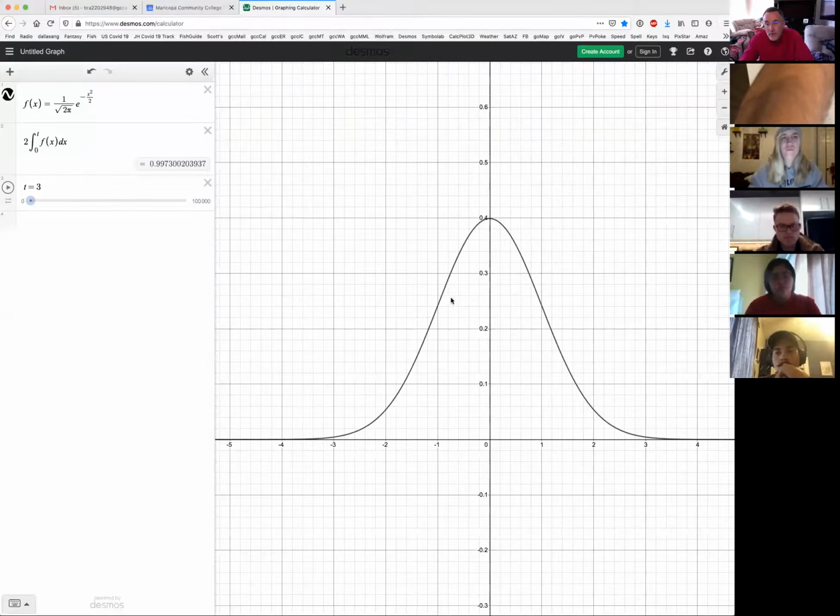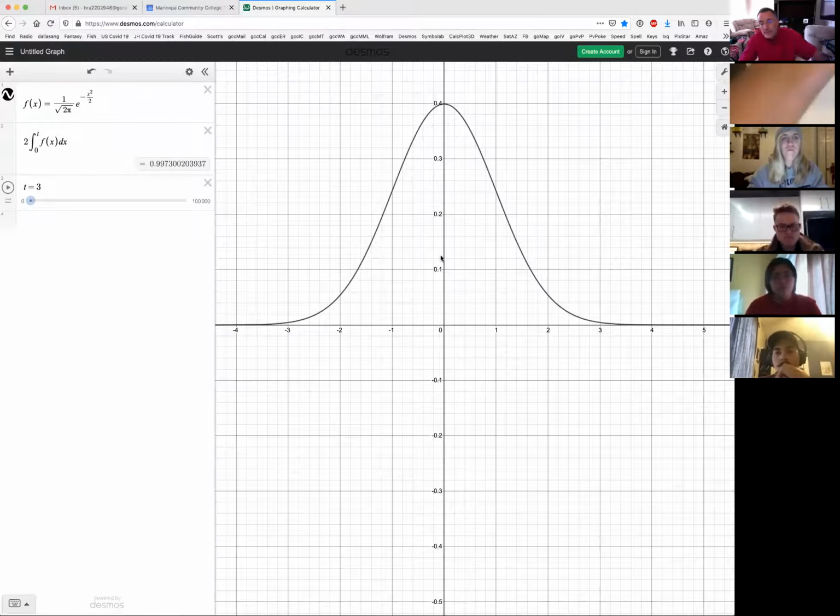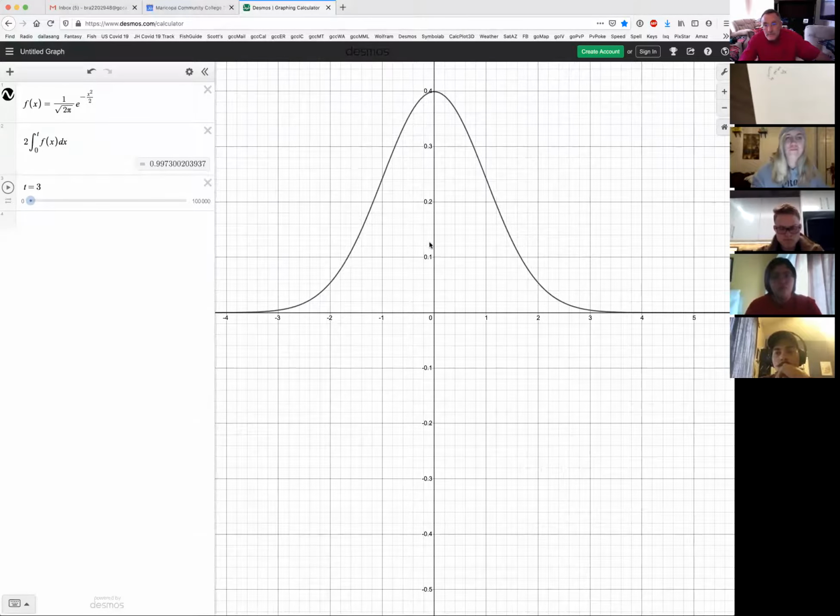But this is a really famous curve. It's bell-shaped symmetric. In fact, it turns out to be what we call the bell curve. And we use it in statistics a lot. And so it turns out that a lot of things are distributed this way.